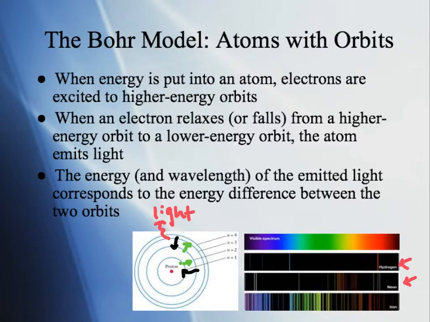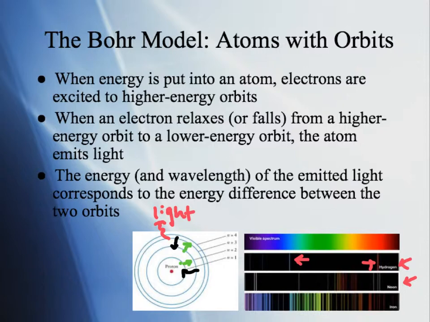A hydrogen atom basically only has one or two different wavelengths, because remember, hydrogen only has one electron that's going to be jumping around.